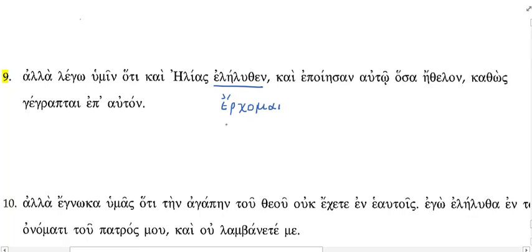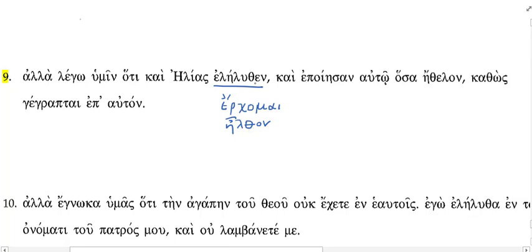Erchomai. Elthon. Does that ring a bell? Okay. Does this look like Elthon to you? Not exactly, right? It is related, but it's not the same form. So this is not the present tense.